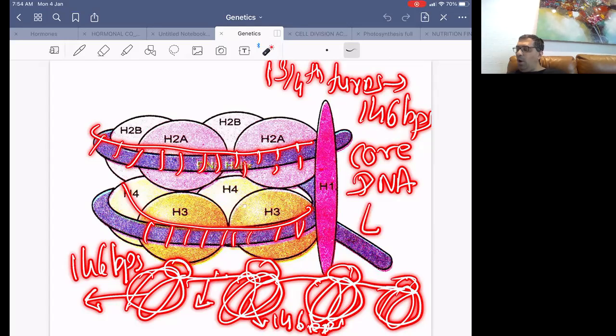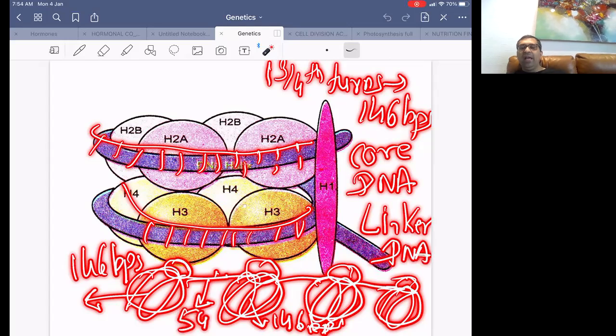What is that DNA called as? Linker DNA. And linker DNA has 54 base pairs.